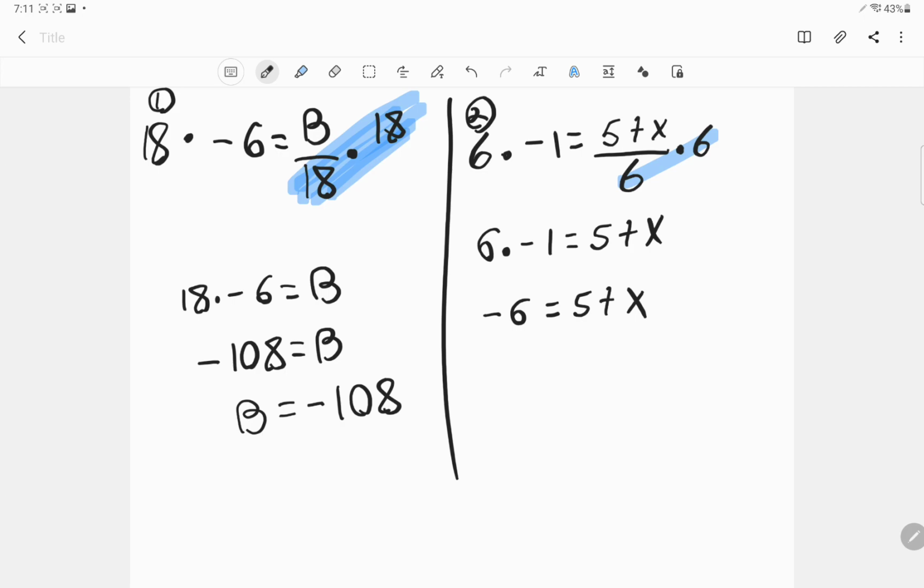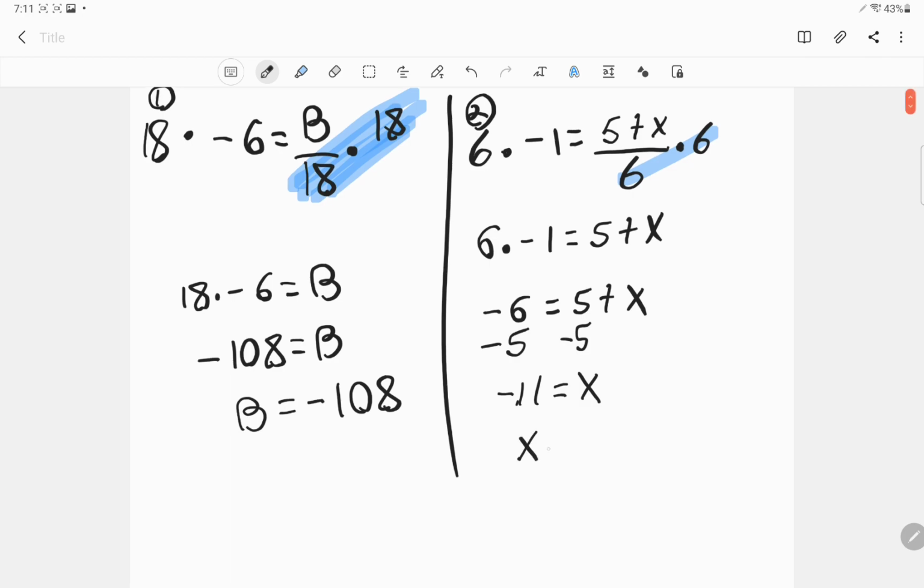I want to leave x alone, so this 5 is getting in the way. So I'm just going to subtract 5 on both sides. And now I have -11 is equal to x, so x is equal to -11.